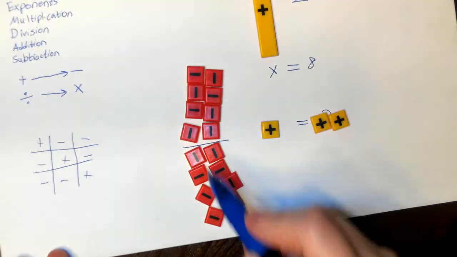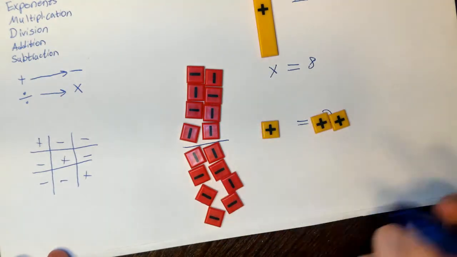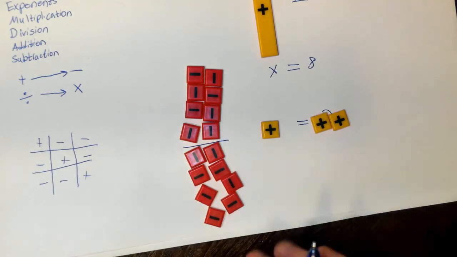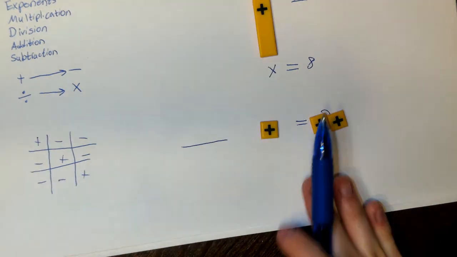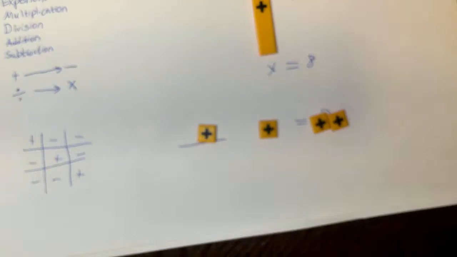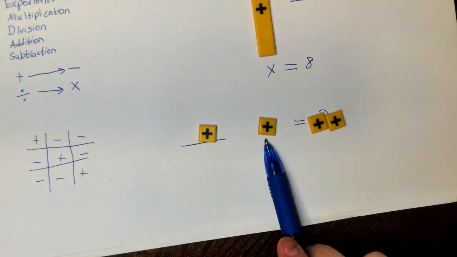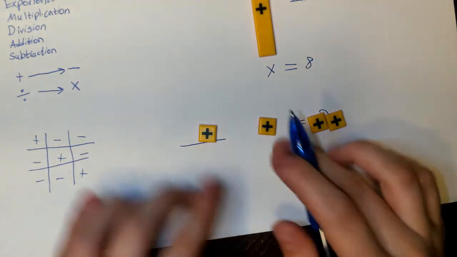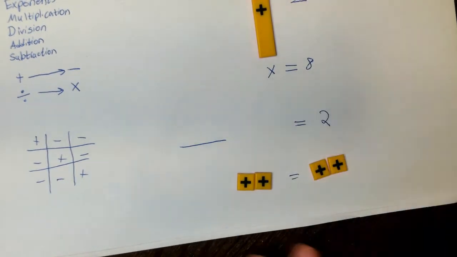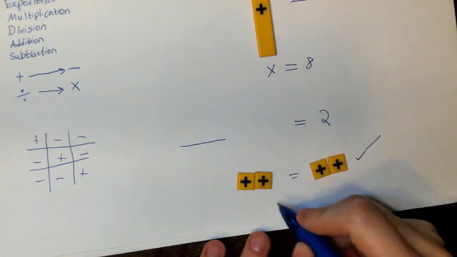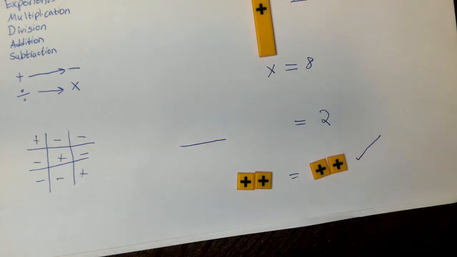So we're dividing two negatives, so it's going to be a positive 1, because we have negative 8 divided by negative 8. So we're going to take these away, and it's going to be a positive 1. Plus 1 is equal to 2. 1 plus 1, we've got 2, is equal to 2. Our answer is correct, and so we are done with this problem.